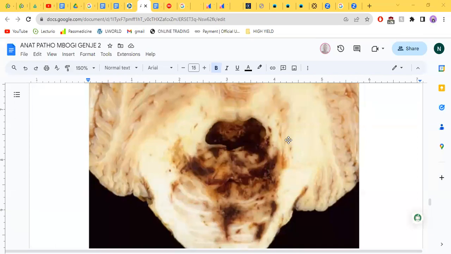Now, this is what we call Duret hemorrhages. Who can try tell us how we get the Duret hemorrhages? What could lead to formation of the Duret hemorrhages? Any tries?